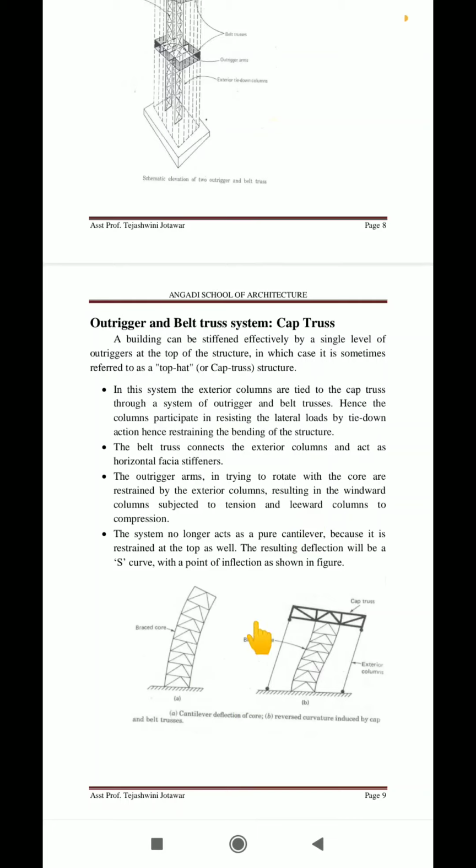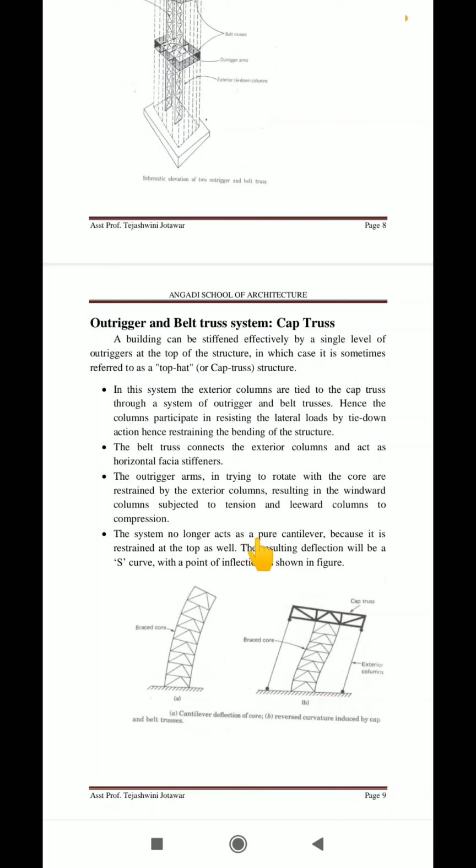So when I apply a load in this direction, this building tries to bend in this direction, but since I am holding down these columns, this windward side of the column is subjected to a tensile load, whereas the other side, the leeward columns, are under compression.